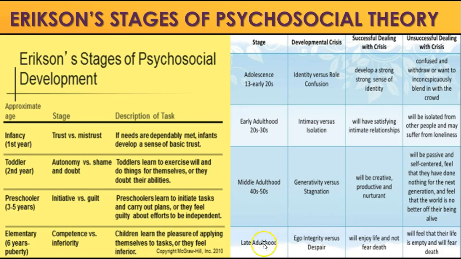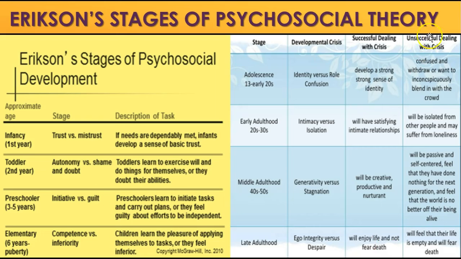Then in late adulthood to death, 65 and on, this stage is called ego integrity versus despair. And if they are successful dealing with this crisis, they enjoy life and they don't fear death because they feel like they've lived and they are ready and prepared for that stage of life.